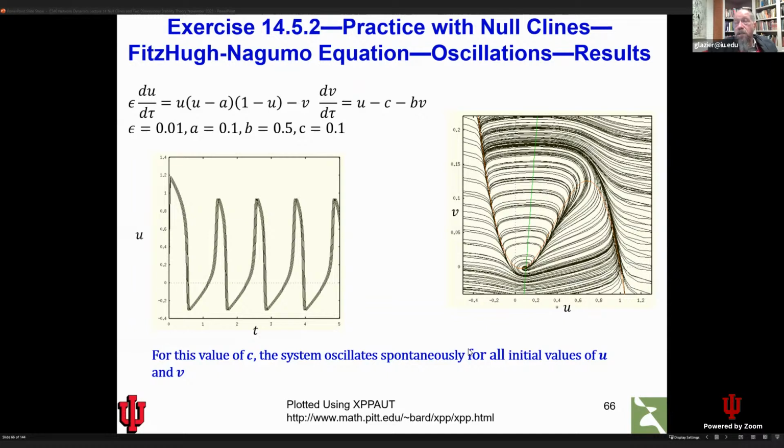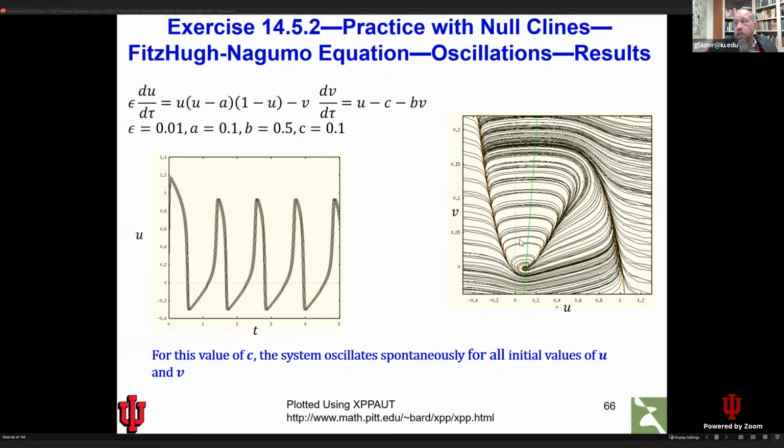And so this is the simplest possible ODE pair that can give you what happens in a neuron. The actual equations governing the neuron are a little bit more complicated than this, but basically this is what you got. And so this is a system that's pretty interesting.